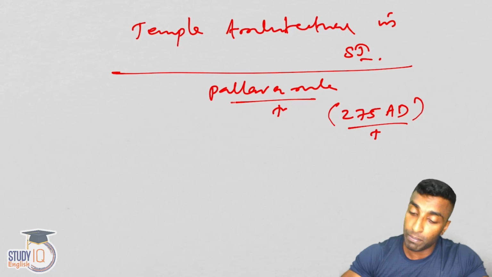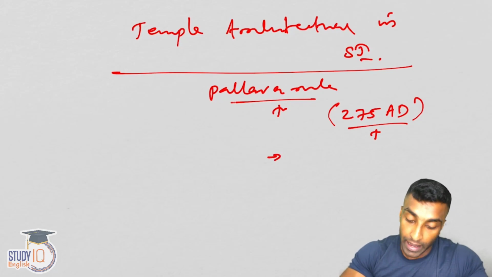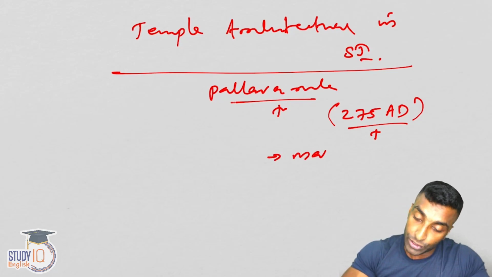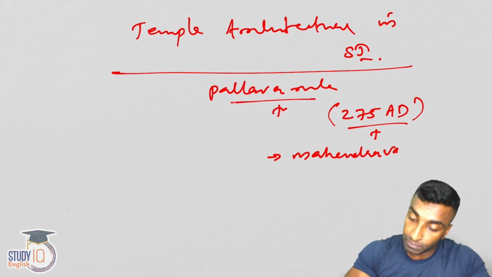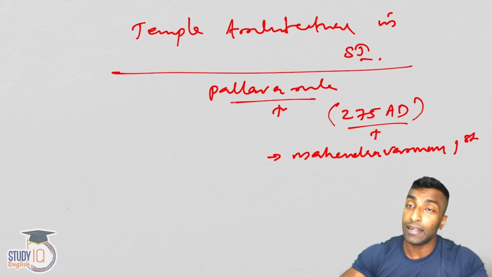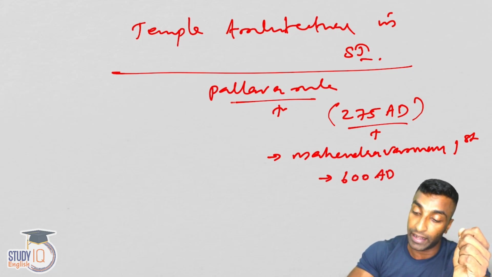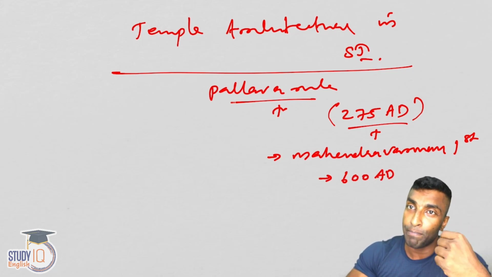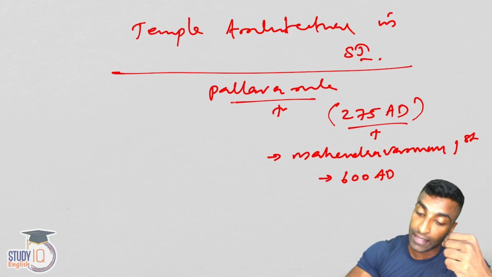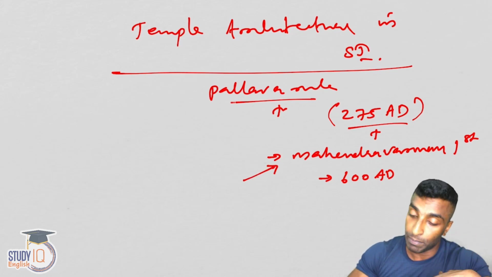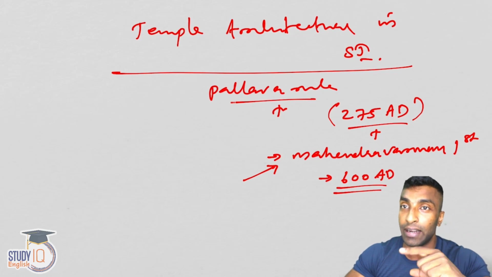The most important Pallava ruler is Mahendravarman the first, during the 6th century AD, that means 600 AD. The temple architecture in South India started during his time, that means during 600 AD.